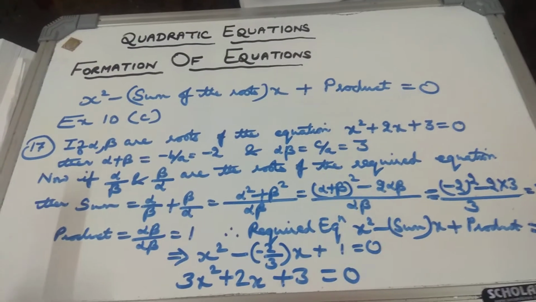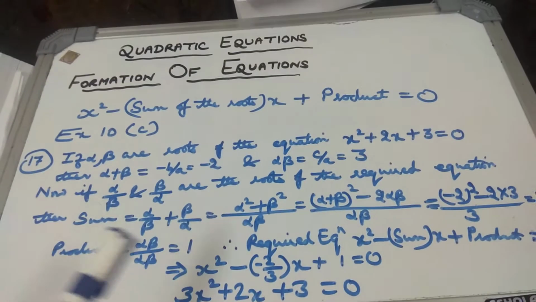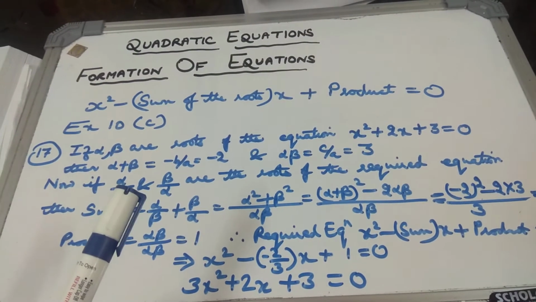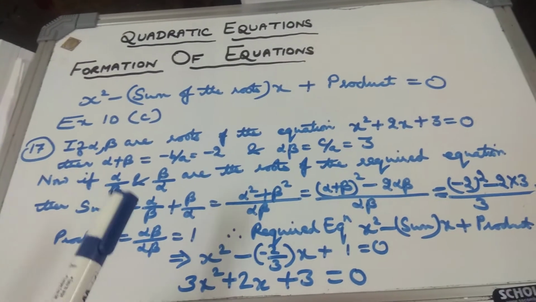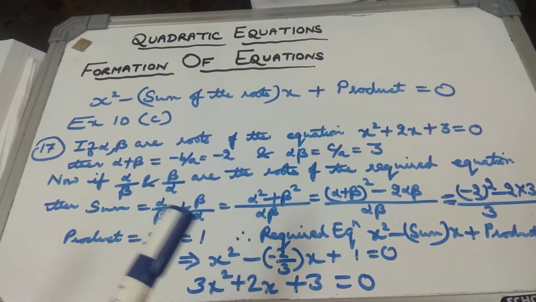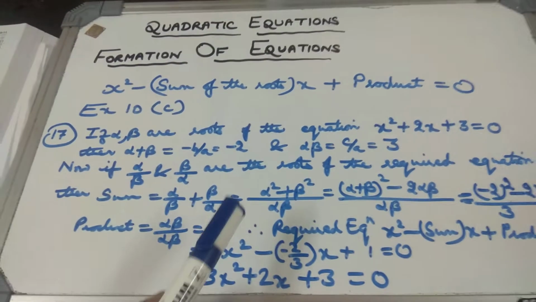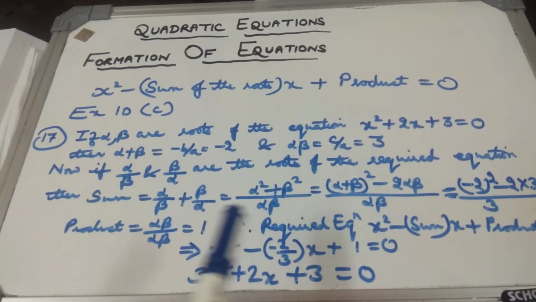Now making use of these two relations, we will try to find out the sum of the roots for the equation which is not known to you, but we know the roots. So the sum of the roots will be alpha upon beta plus beta upon alpha, because the roots are these. Now try to simplify this expression.